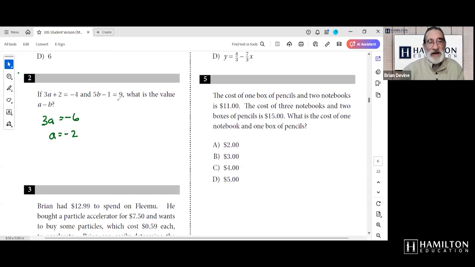And the second equation, if I add 1 to both sides, I get 5b equals 10. So b must be 2. And a minus b must be -2 minus 2, which is -4. So you want to make sure you grid it in properly with a negative and then 4.